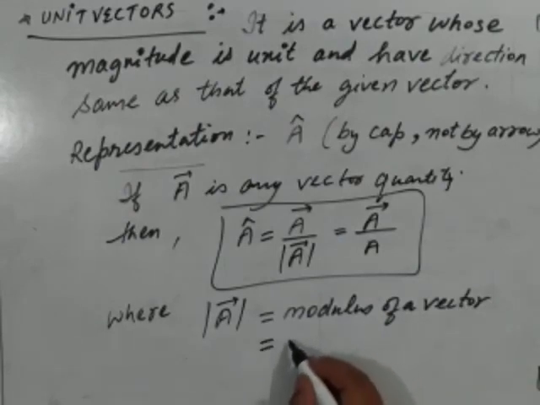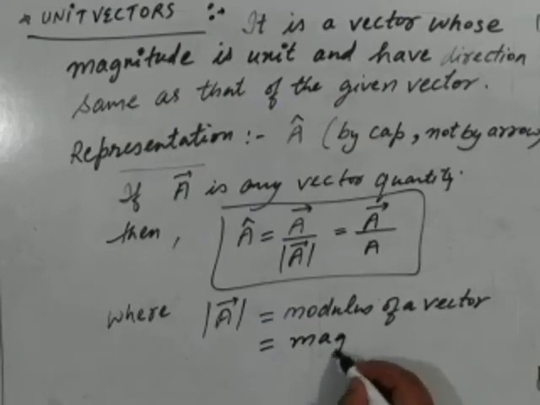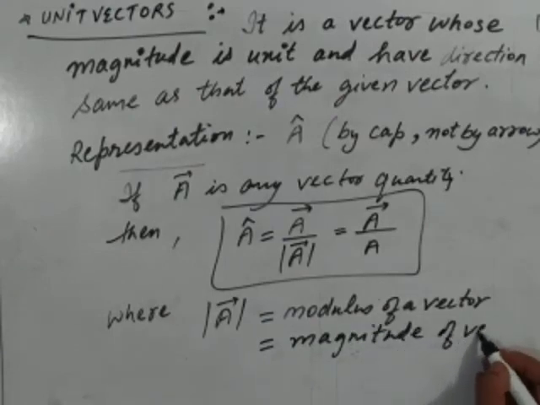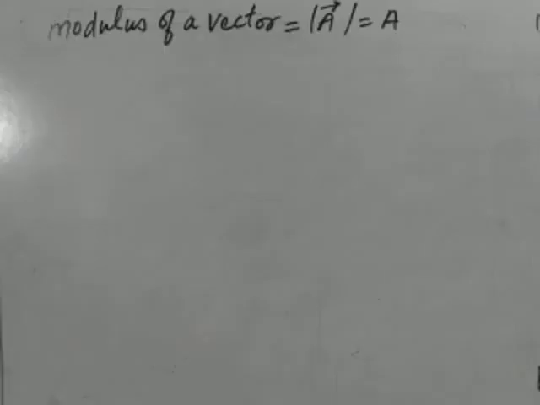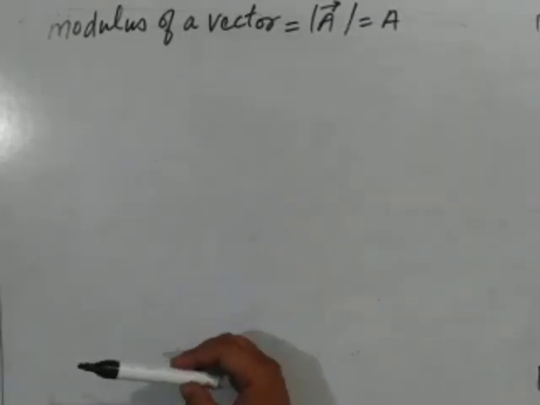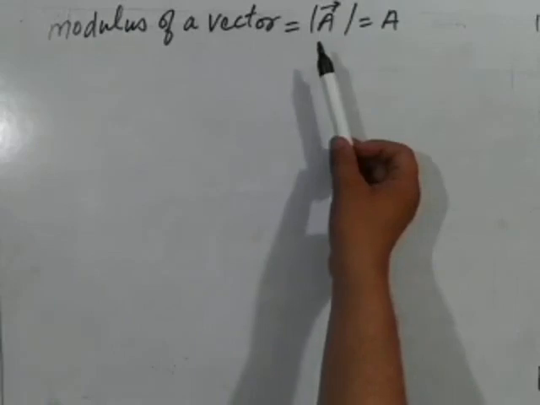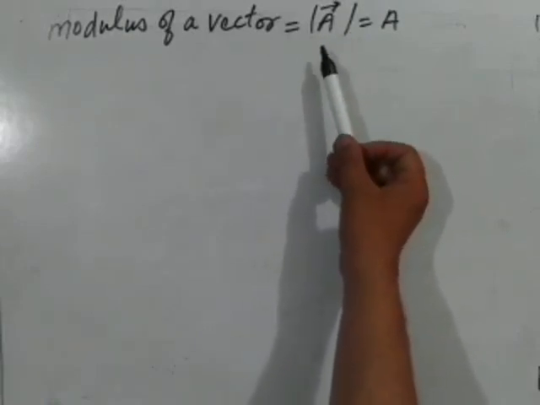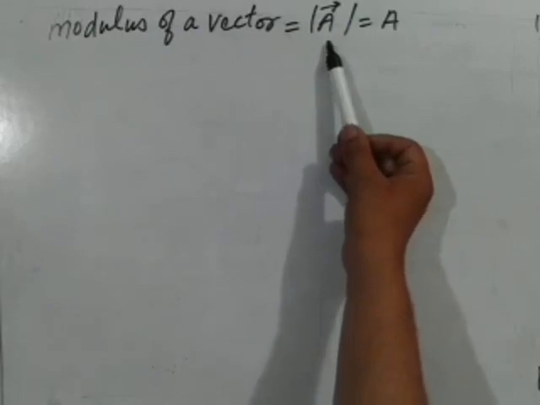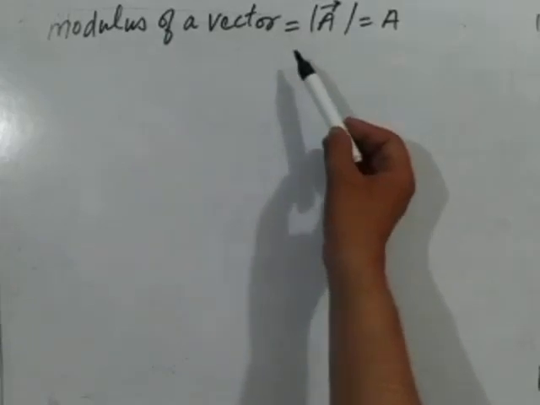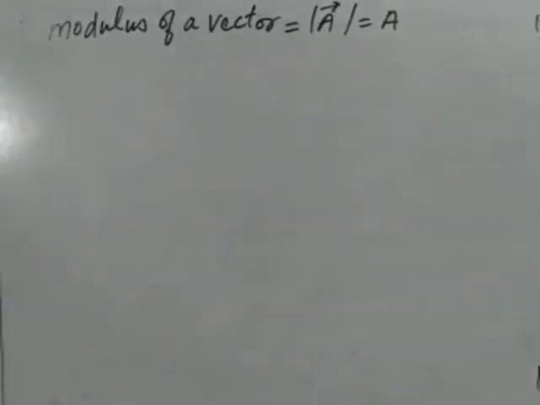That is equivalent to the magnitude of a vector. Now first of all, how can we calculate the modulus of a vector? So modulus of a vector is represented by vector A and these two lines covering it as a bracket. So this is called modulus of vector or magnitude of vector A.